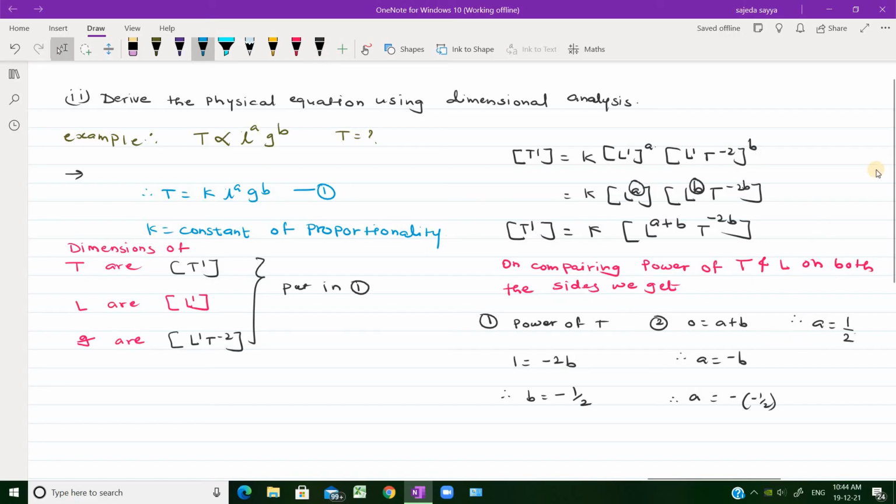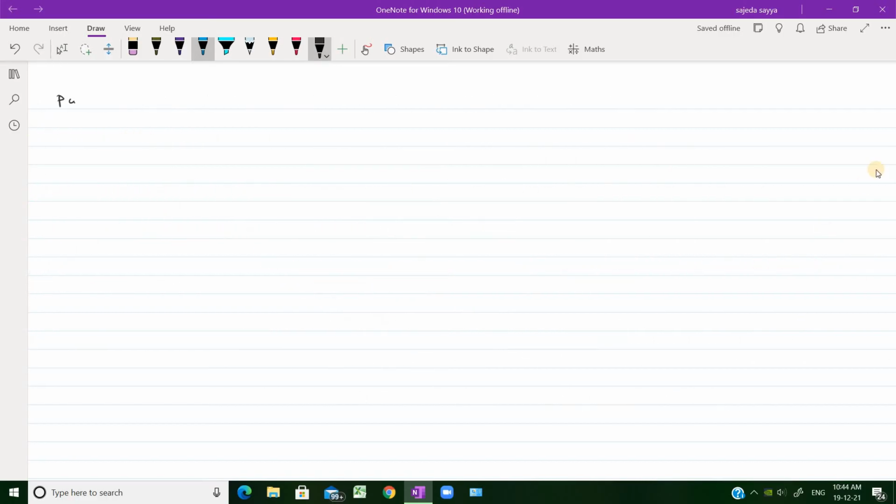Now let us substitute. We can write L raised to A, that is half, and G raised to minus half. It can be written as T is equal to K, L raised to half, G raised to minus half.